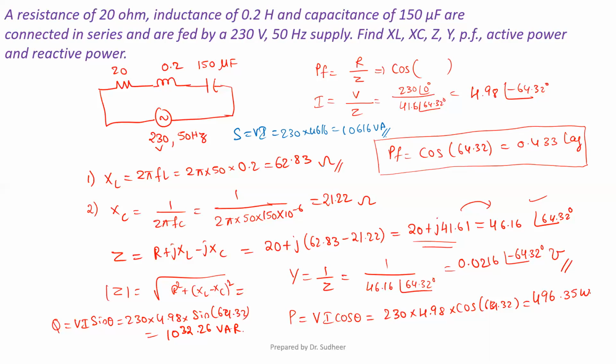Sorry, I think not 46.16, here I have gone wrong. This current is how much? 4.98. So 230 into 4.98, that is 1145 volt amperes. Okay, like this we can ask.